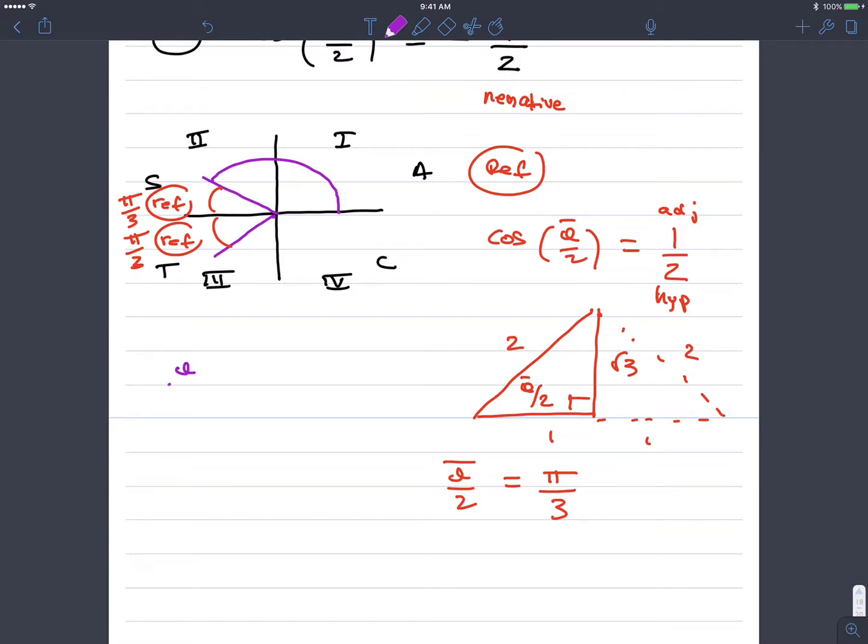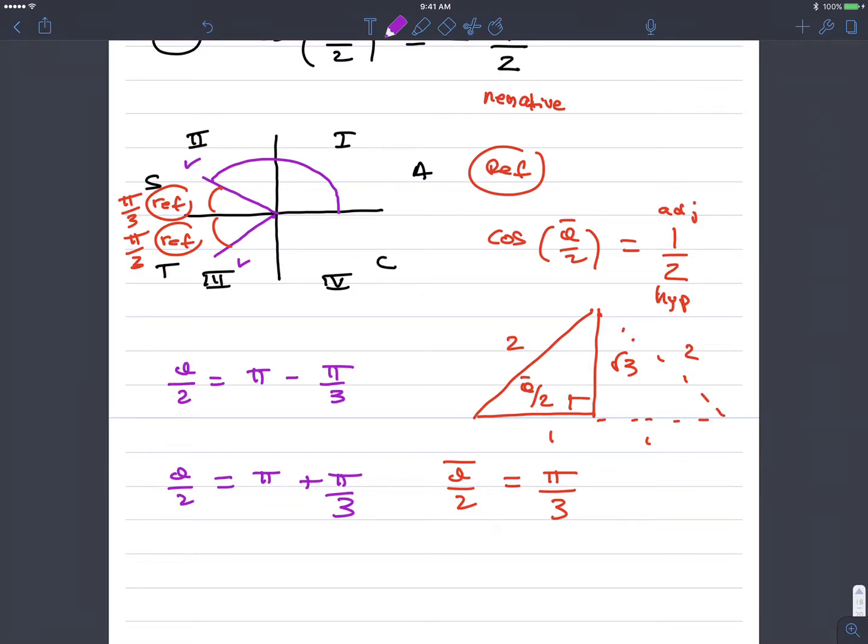Let's say theta over 2 will be what? Pi minus what? Pi over 3. Is that right? And then also, theta over 2 will be, how do I get a quadrant 4 angle? Now this was quadrant 2. How do we get quadrant 4? Pi what now? Plus what? Pi over 3. Is that true? So we're going to get these angles here.